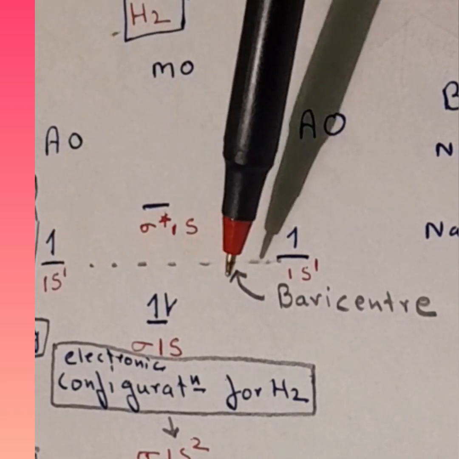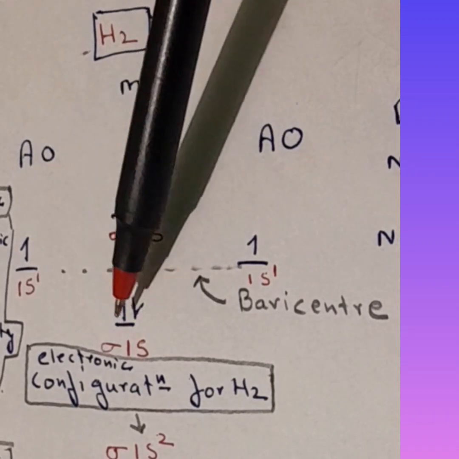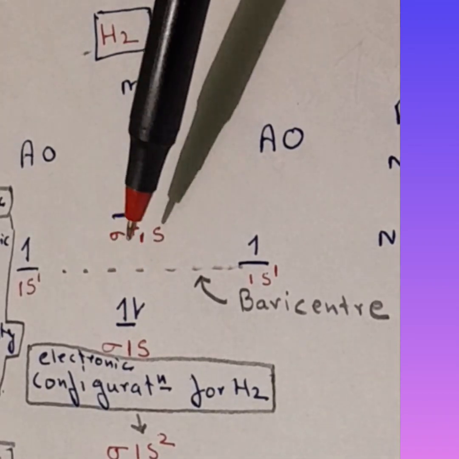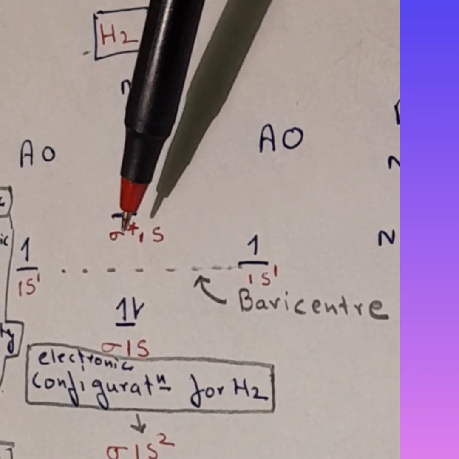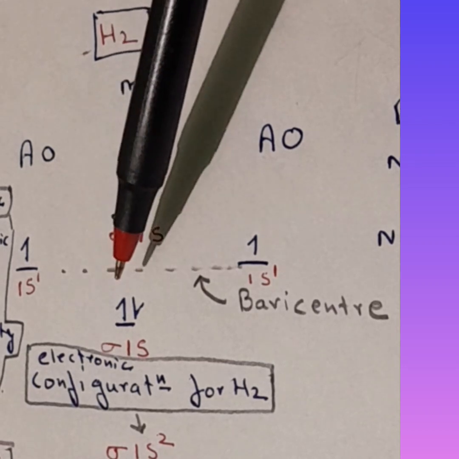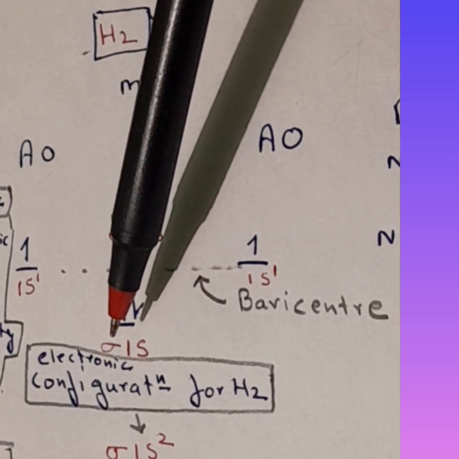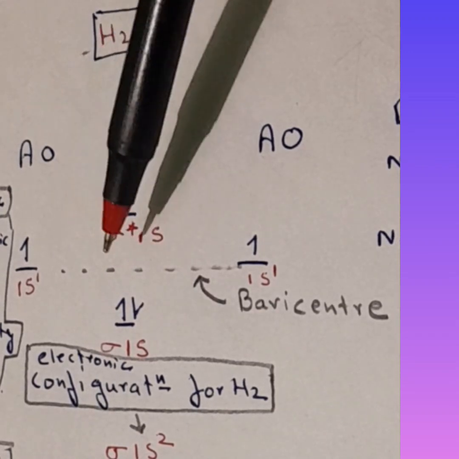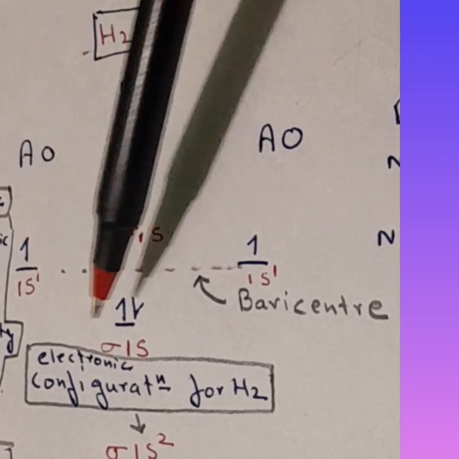This is the center of energy. The bonding orbital goes below the barycenter energy-wise as much as the antibonding orbital goes energy-wise above the barycenter. So energy lost here is equal to energy gained here. So energy-wise, it's the law of conservation of energy.